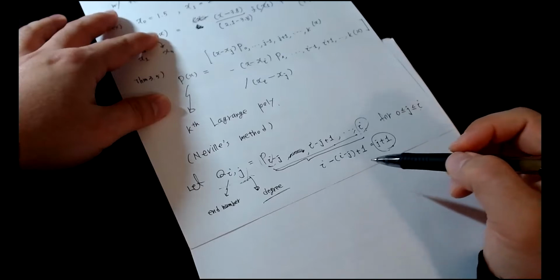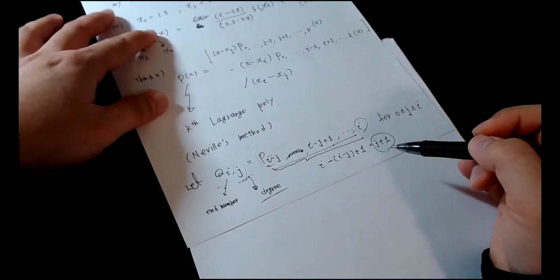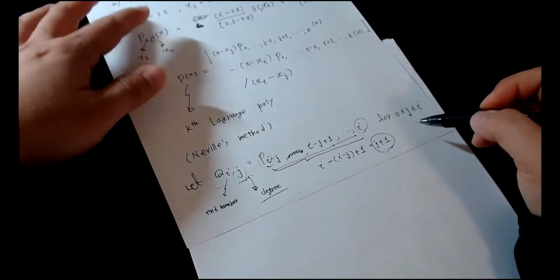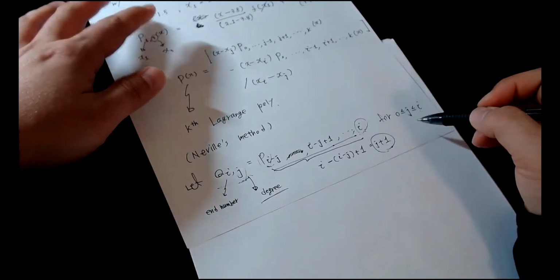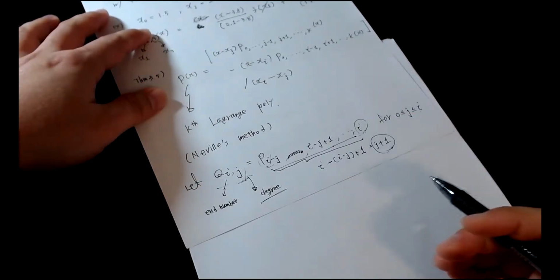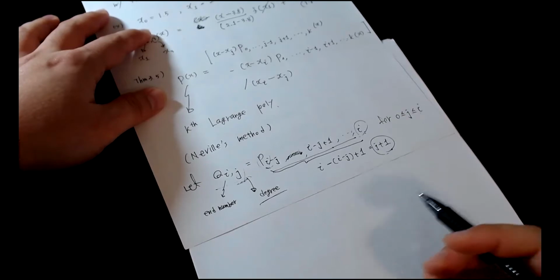Let's see. So j cannot be greater than I, right? Because the degree must be 1 less than the number of nodes.